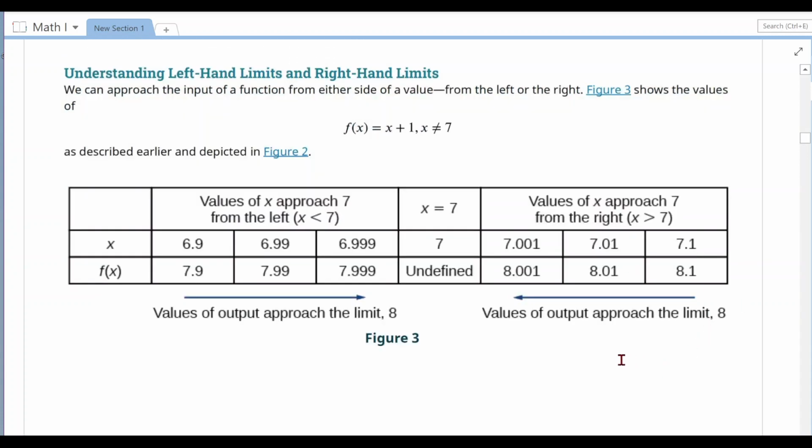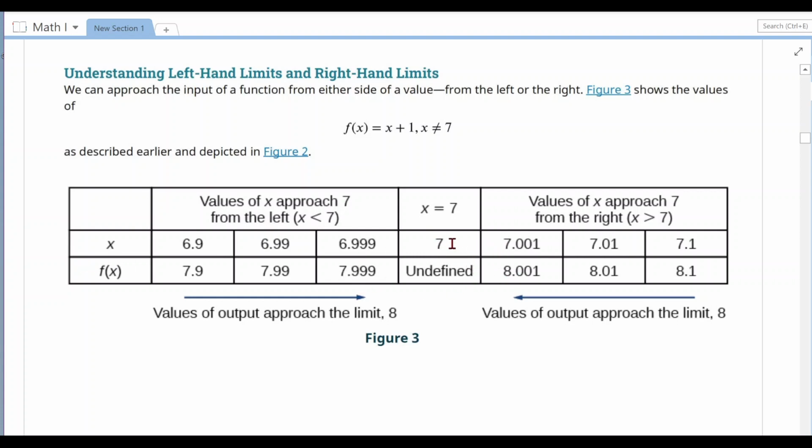I mentioned approaching from the left-hand side and approaching from the right-hand side. For example, in this function f of x equals x plus 1 with x not equal to 7, at x equals 7 the value of f of x is undefined.